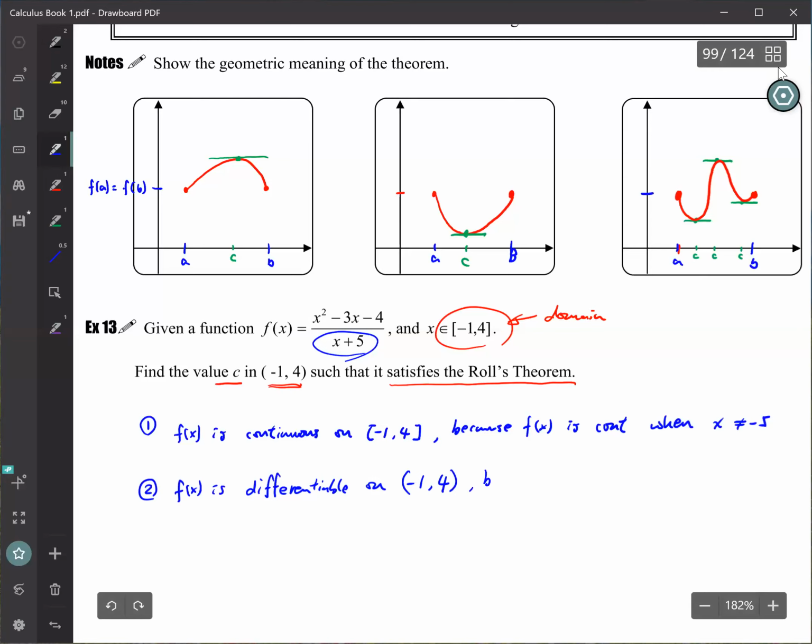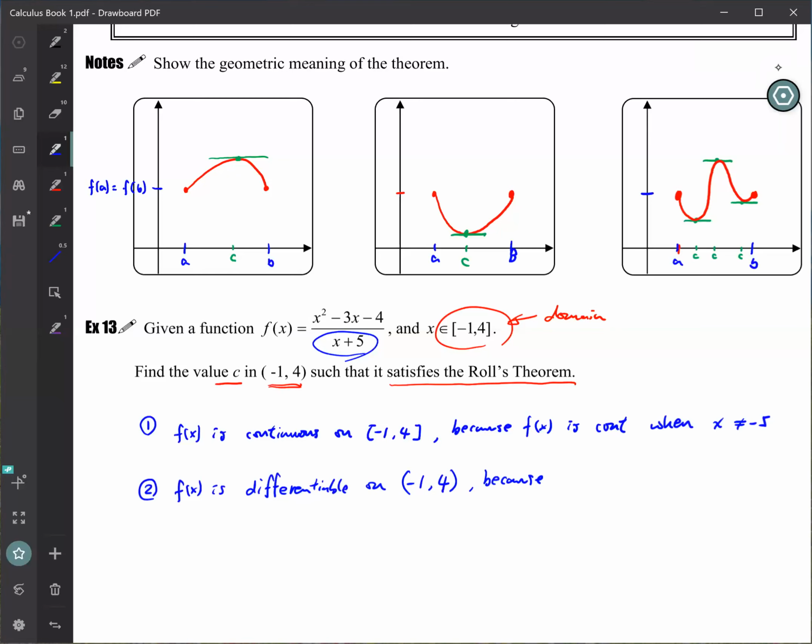Then how do we know this one is differentiable on -1 to 4? What's the reason then? Anybody? Because it's continuous. Yeah.